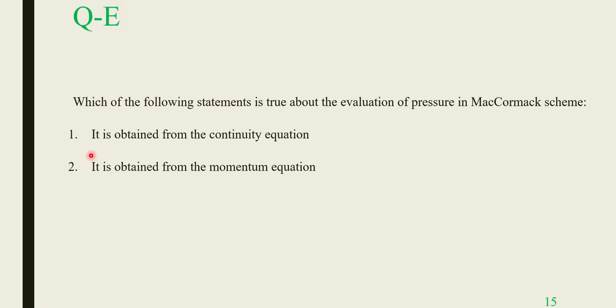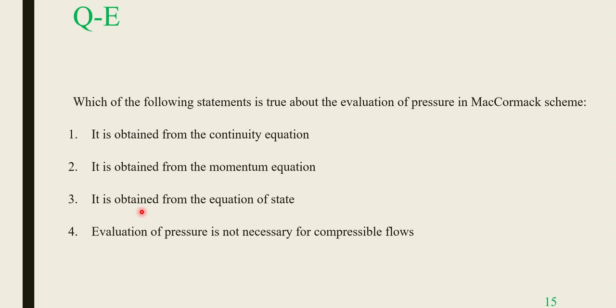So it is not obtained from the continuity equation, it is not obtained from the momentum equation, but it is obtained from the equation of state. And the last statement is also false. Evaluation of pressure is necessary for compressible flows. We cannot neglect it. So the answer is option 3. It is obtained from the equation of state.